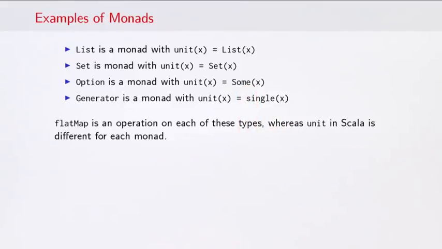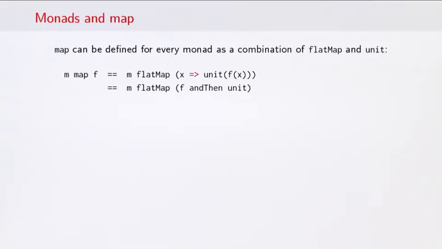So we've seen monads have the flatMap operation. What about map? Well, in fact, map can be defined for every monad as a combination of flatMap and unit. So map applied to a monad with a function f would be flatMap of: first apply f to the argument x and then re-inject into the monad using unit.